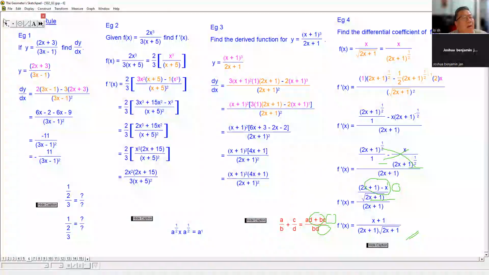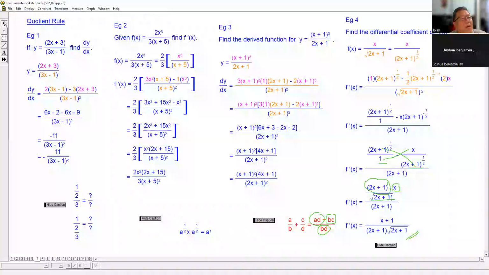Correct. This one is the longer line. These two, this is the longer line.